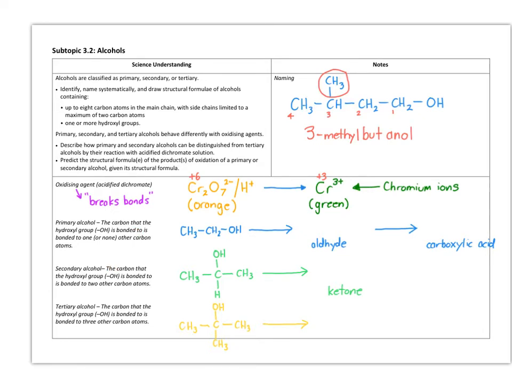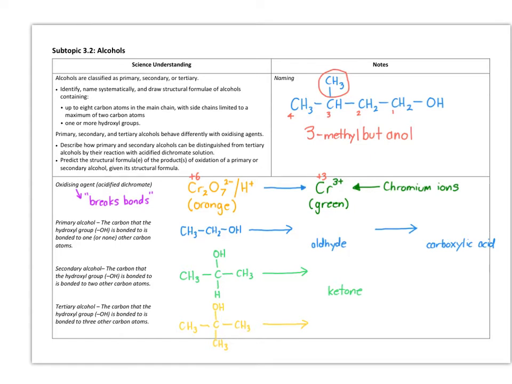How we tell the difference between primary, secondary and tertiary alcohols is the next thing we need to know about. In a primary alcohol, the carbon that the oxygen is bonded to is only bonded to one other carbon or no other carbons, which also means that there are either 2 or 3 hydrogens on that carbon. But easiest to remember, the carbon that the oxygen is bonded to is only bonded to one other carbon.